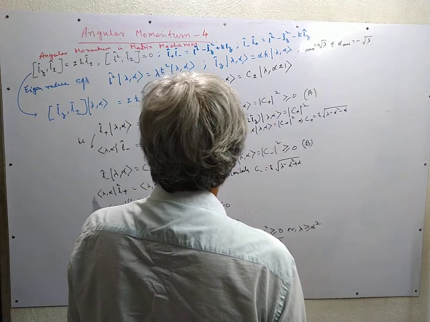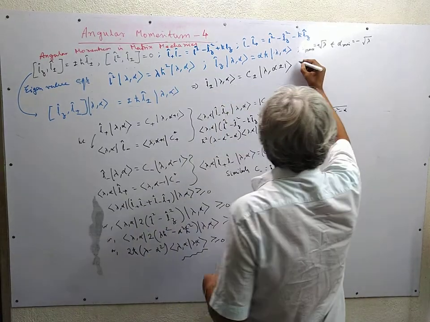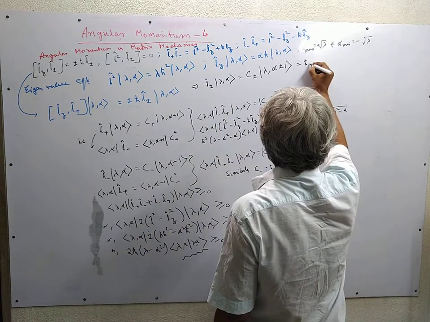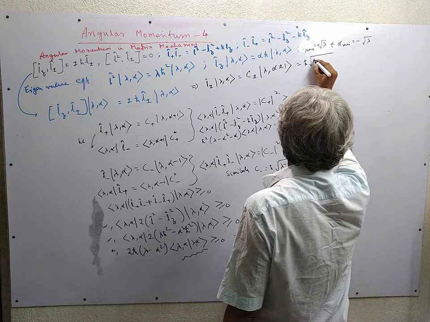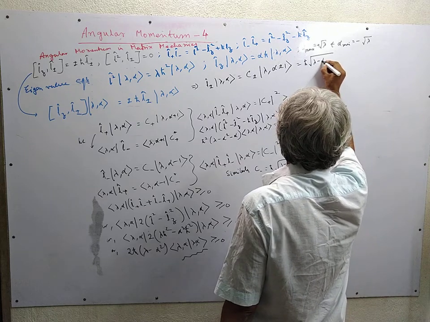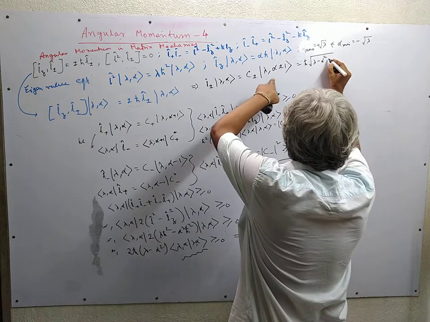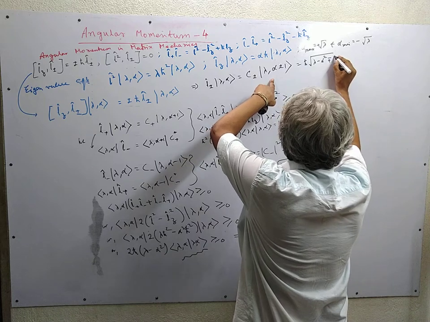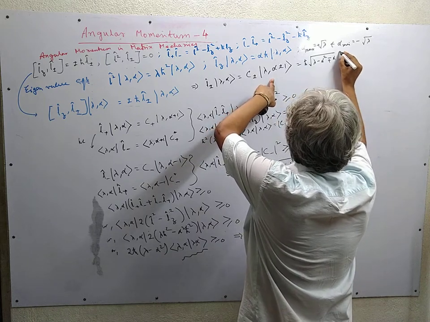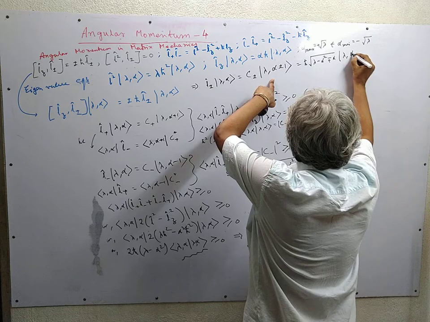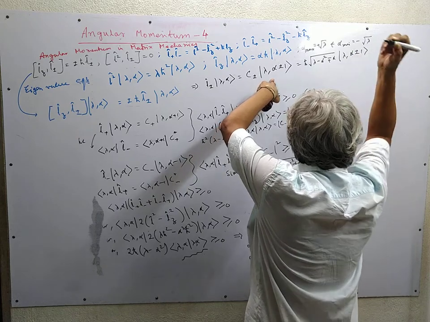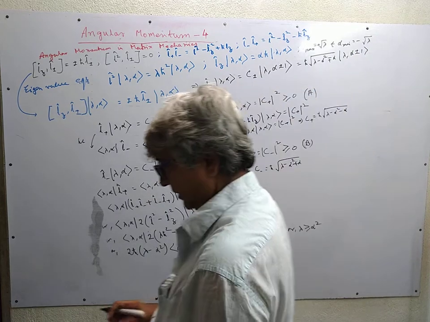So we have this equal to ħ square root of lambda minus alpha square, minus plus alpha, of this.